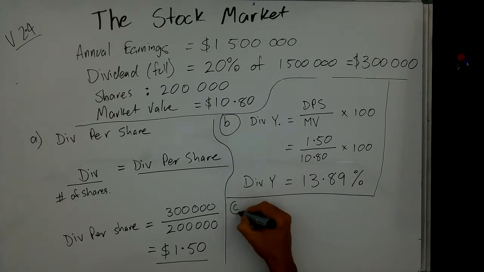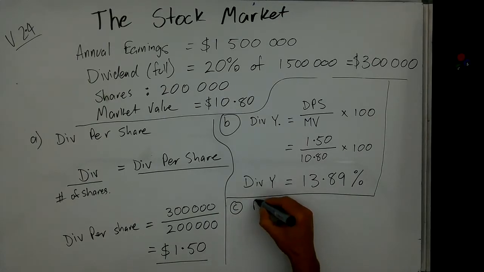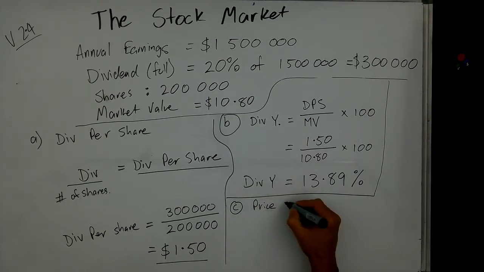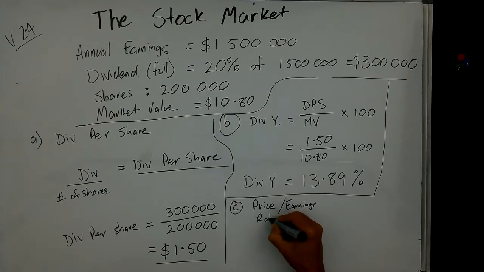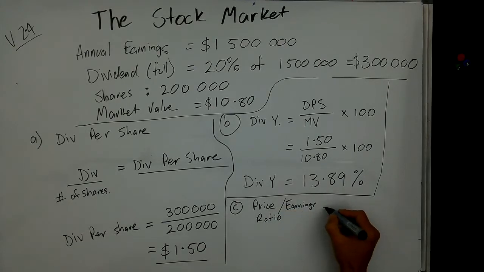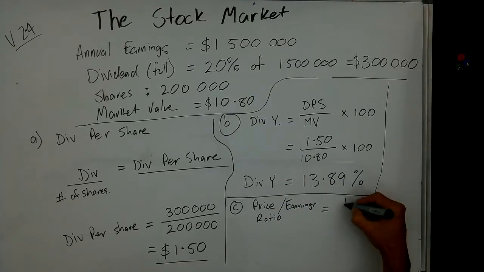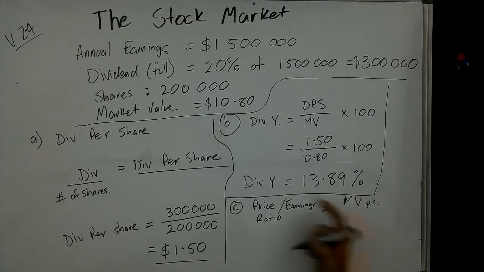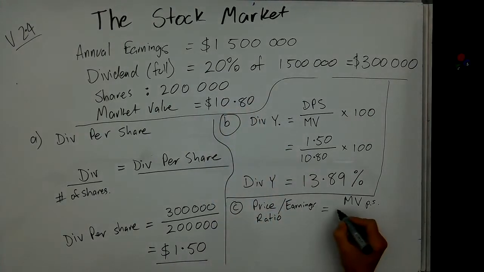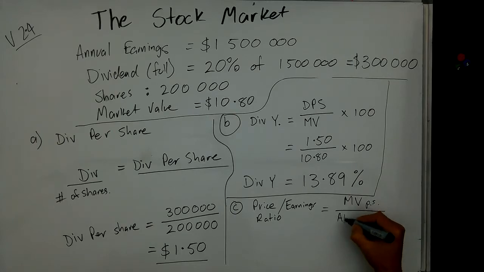Okay, part C is asking for price per earnings ratio, and that equals market value per share, which is $10.80, and that's divided by the annual earnings per share.